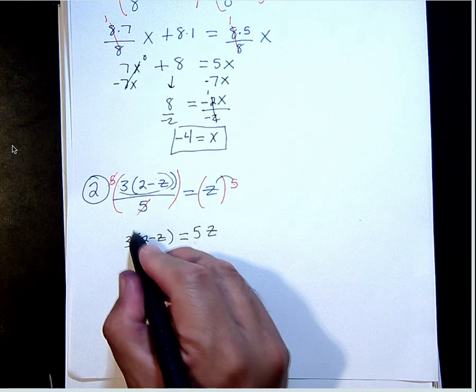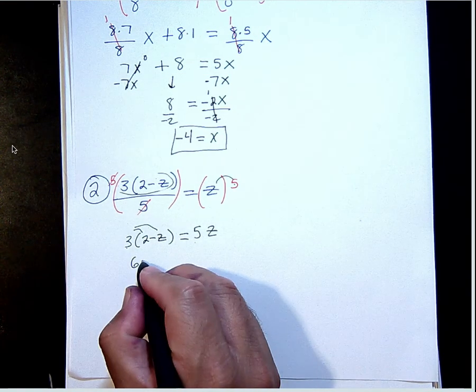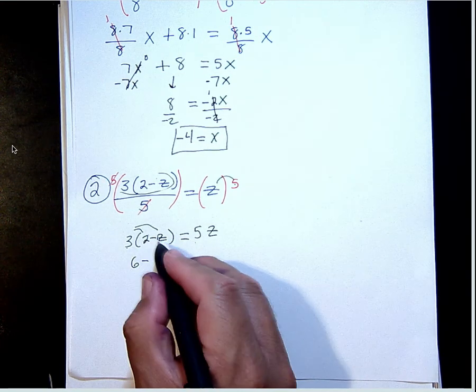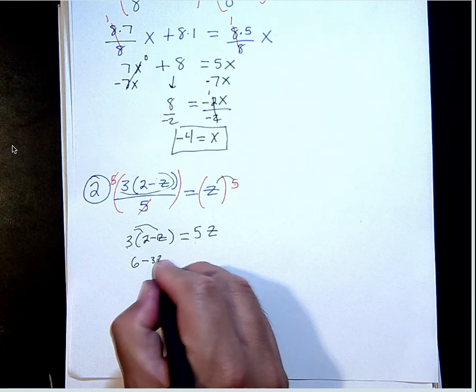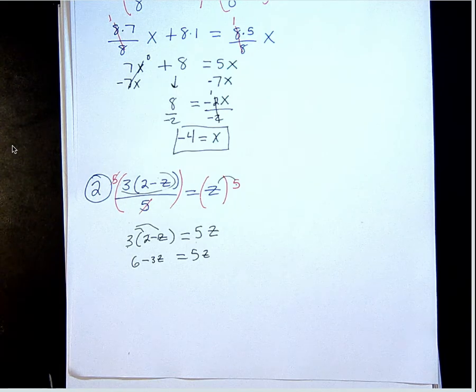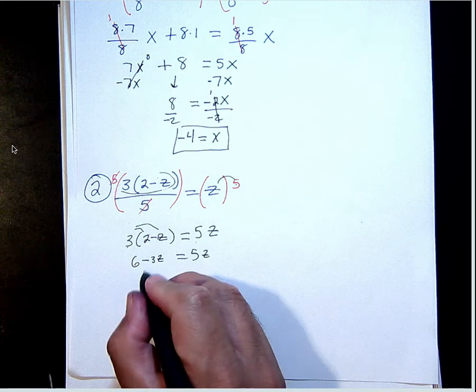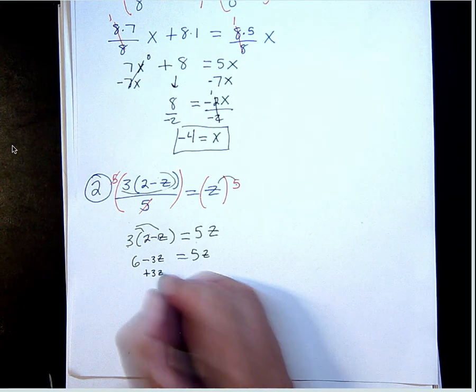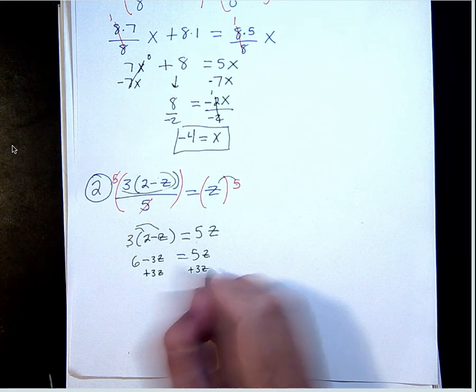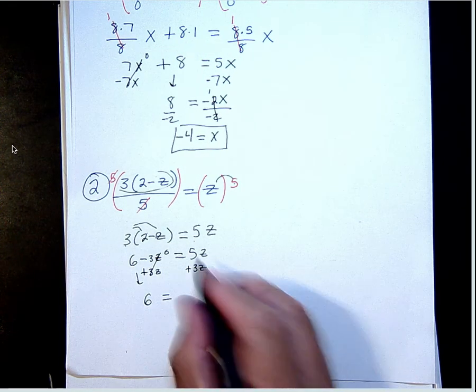Okay, now distribute in here. 3 times 2 is 6. 3 times, there's a 1 here, 3 times 1, negative 3z equals 5z. And then combine the z's. So we're going to add, so that becomes 0. Bring down the 6, so that's 8z.